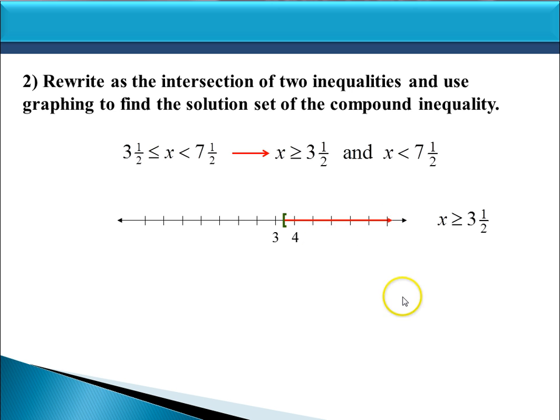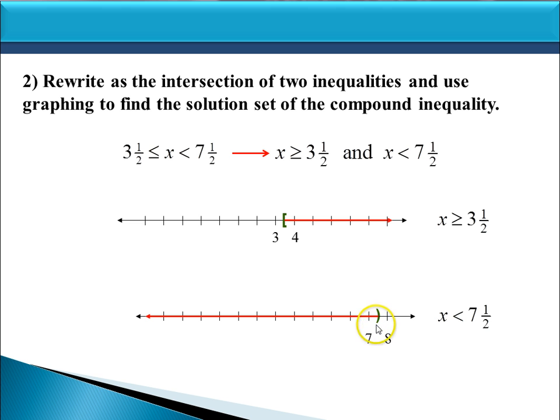So here's our x is greater than or equal to 3.5 graph. Notice that the bracket is placed halfway between 3 and 4. And we do have a square bracket there since we are including the number 3.5. And then for x is less than 7.5, we'll have a parenthesis because we're not including the number 7.5.